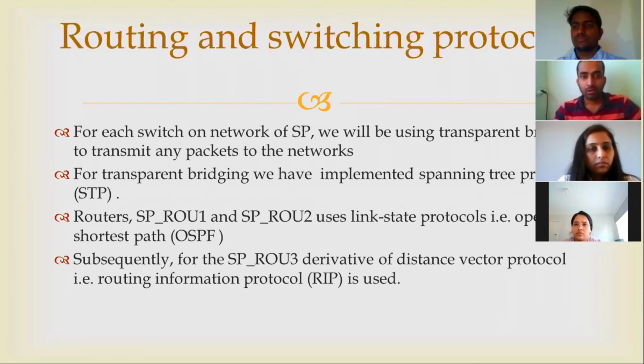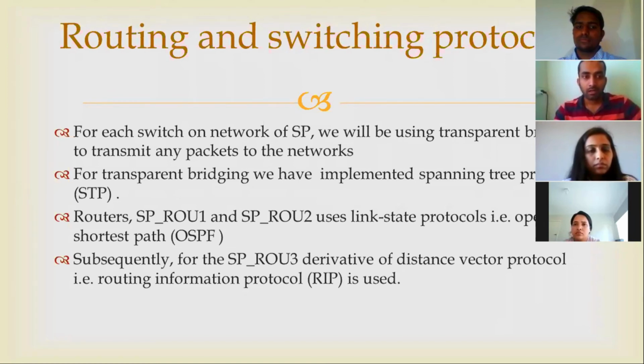By use of spanning tree protocol, all the traffic can avoid loops in the network topology. For the routing protocol, R1 and R2 use a link state protocol, that is Open Shortest Path First, OSPF. The reason behind using OSPF is that it can support large networks and fast convergence.